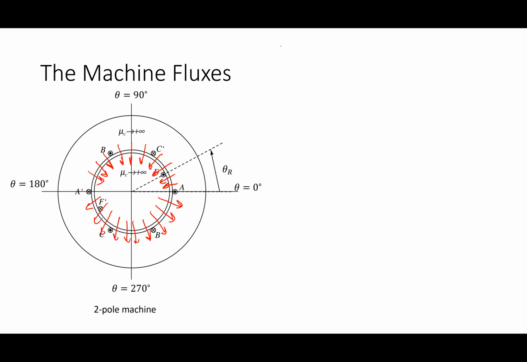If I were to just think about phase A right there, and I say there's NS turns in A, B, and C, in other words, they're identical, completely identical to each other. If I were to draw out a magnetic circuit for coil A, what would it look like?